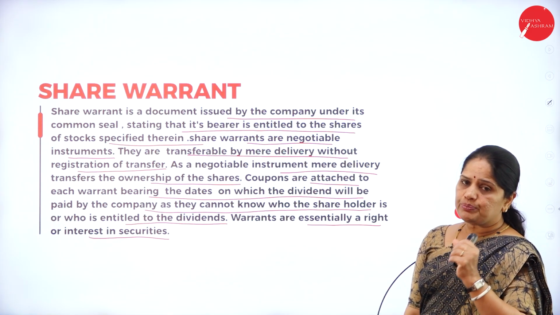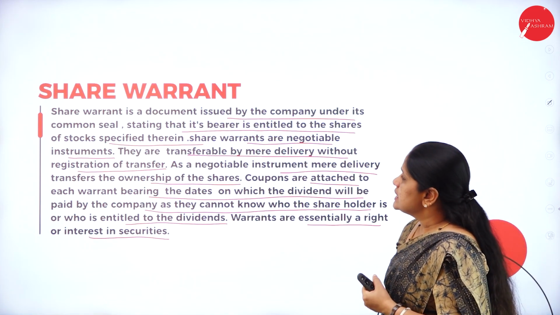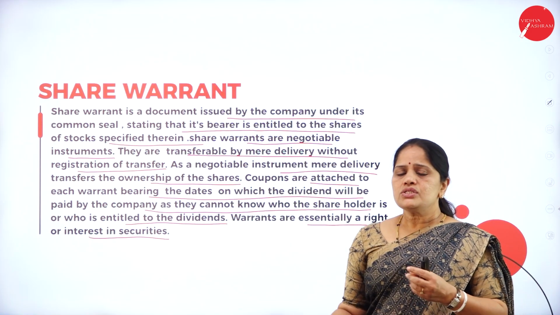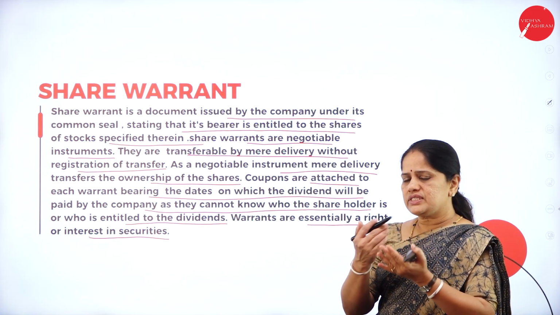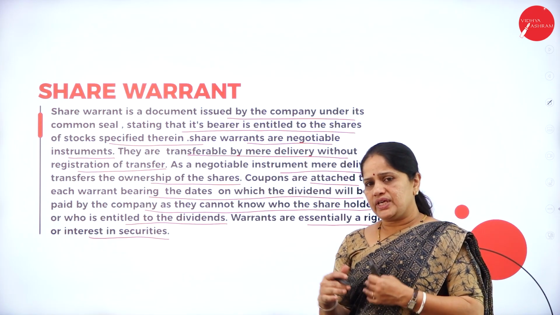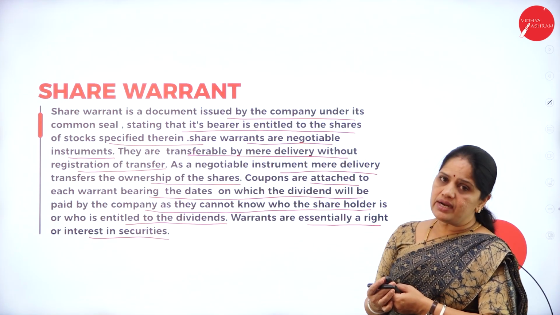So the company has to put the seal and then issue it, stating that its bearer is entitled to the shares specified therein. Whoever has the number of shares specified in the warrant, those shares become the shares of the person who is bearing the share warrant.